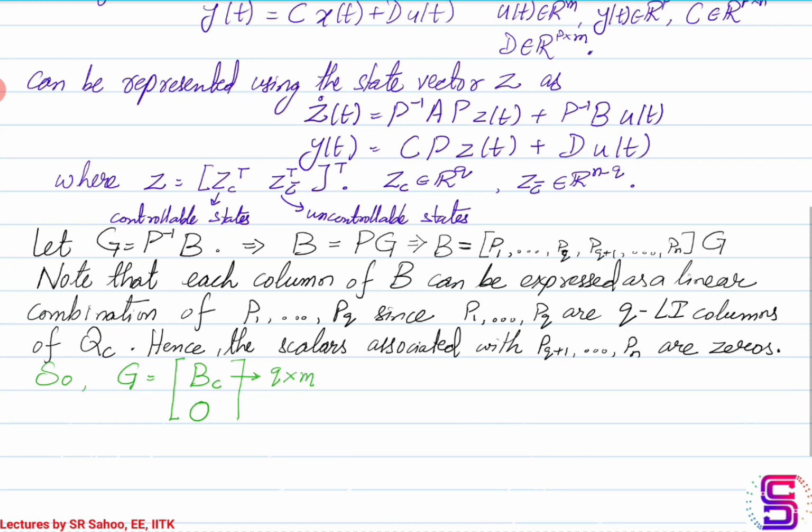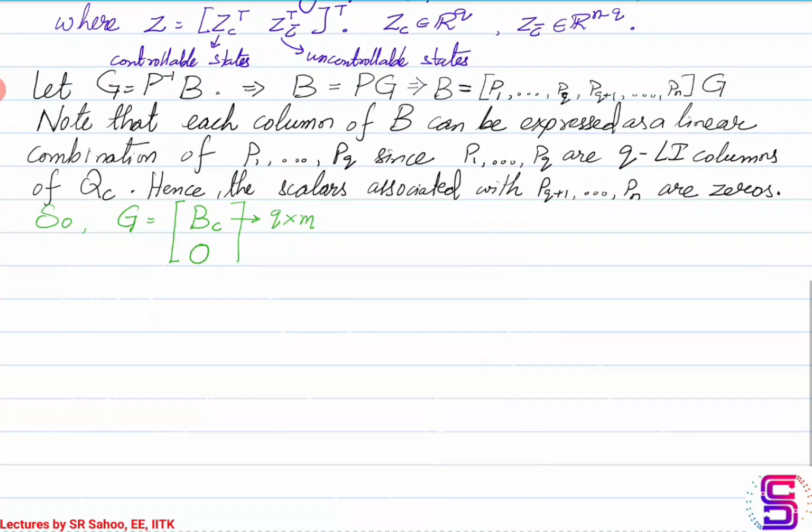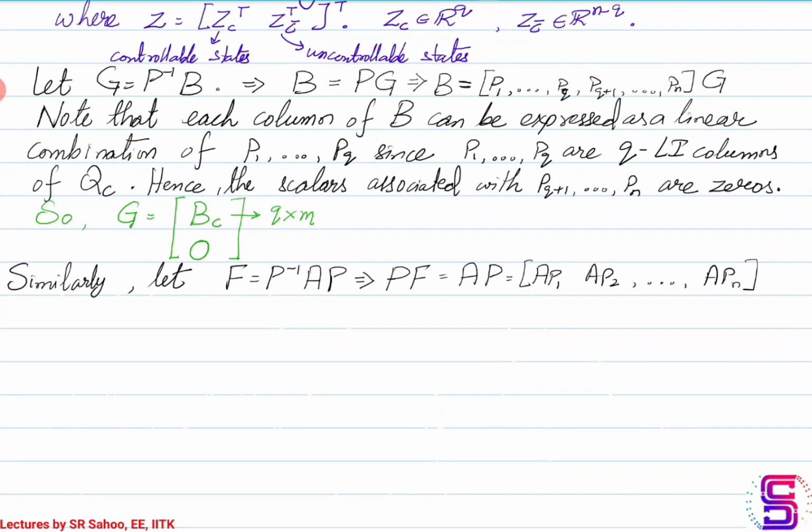Now what happens to the P inverse AP structure? To analyze it, let us say that P inverse AP is equal to some matrix F, which essentially means PF is going to be equal to AP, and AP is nothing but A acting on P1, P2, P3 till Pn.